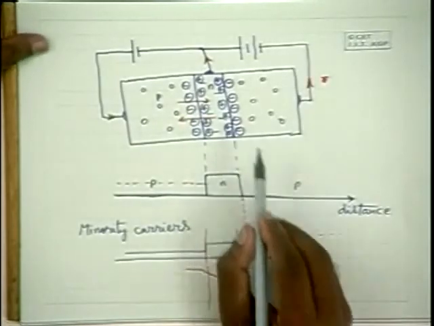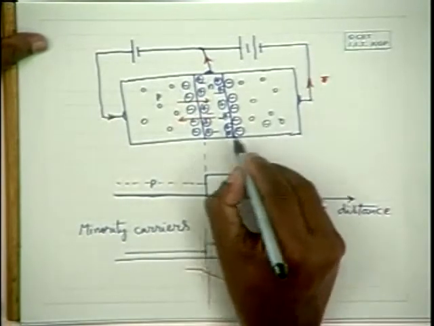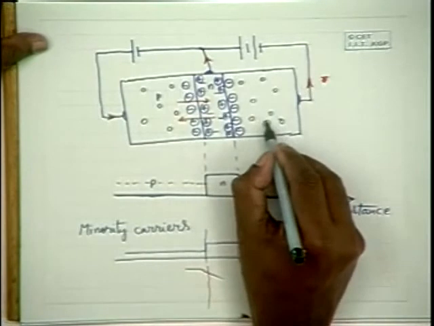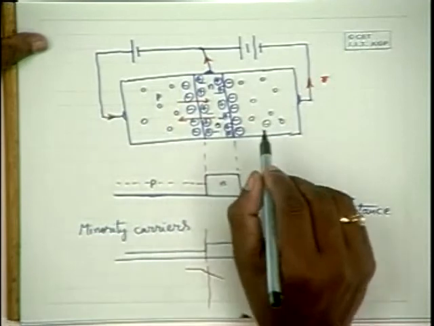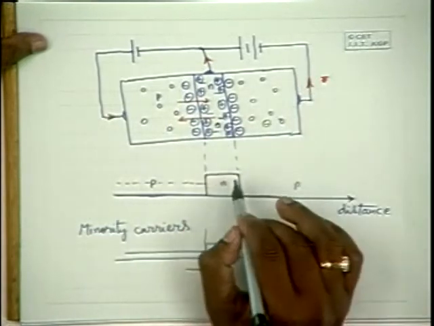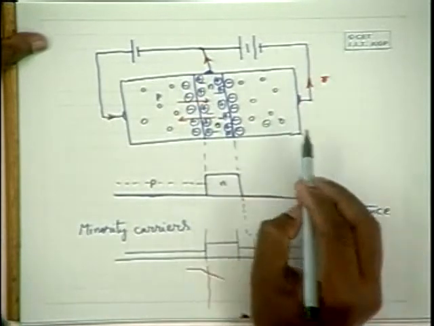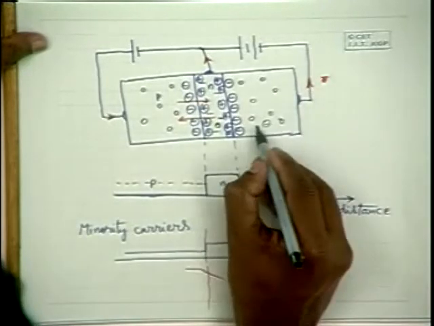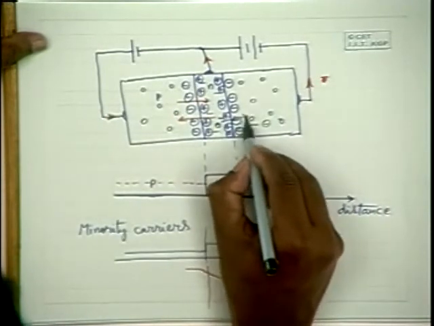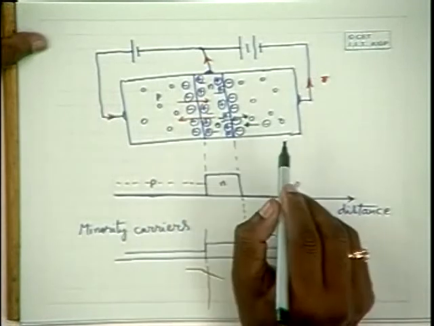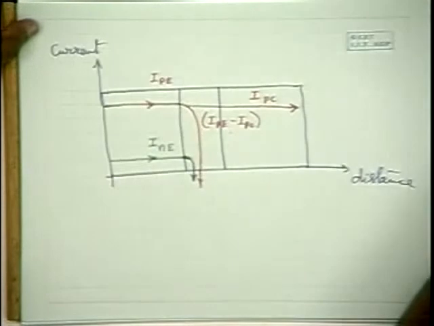It is reverse biased, and this reverse bias is good for the minority carriers, that is the electrons on the p side and the holes on the n side. For them it is a potential which drifts these charged particles, so they get drifted in this direction. The minority carrier electrons drift in this direction, and the holes drift in this direction, because of which there would be a minority carrier current, similar to that of a reverse biased p-n junction current.